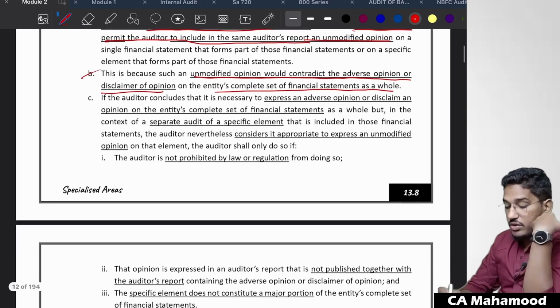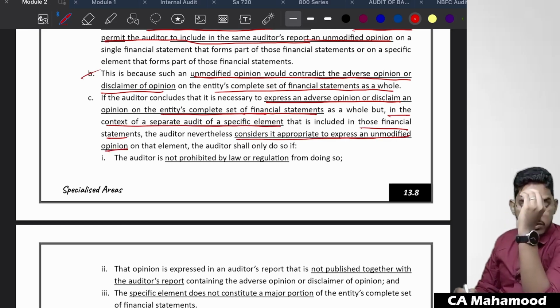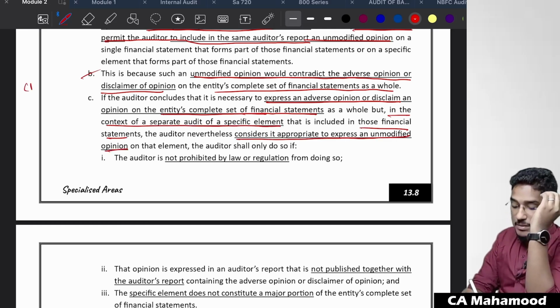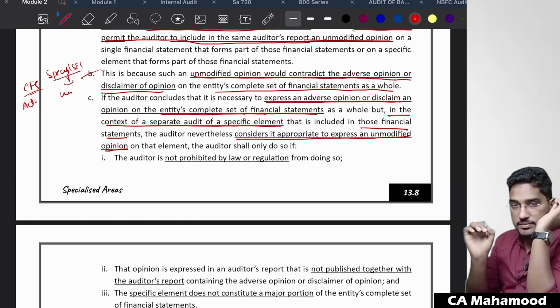But however, if the auditor concludes that it is necessary to express an adverse opinion or disclaim an opinion on the entity's complete set of financial statements as a whole, but in the context of a separate audit of the financial statement that is included in those financial statements, the auditor considers it appropriate to express an unmodified opinion only. Sometimes the auditor will feel that, no, on the complete financial statements I have given adverse or disclaimer, but on the specific element or the single financial statement, unmodified opinion is only appropriate.